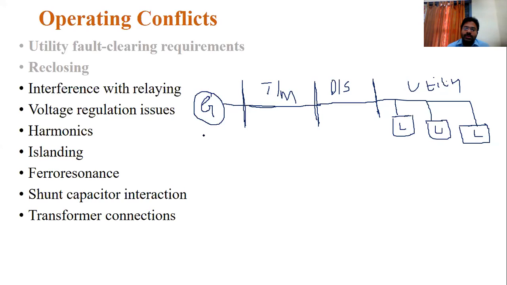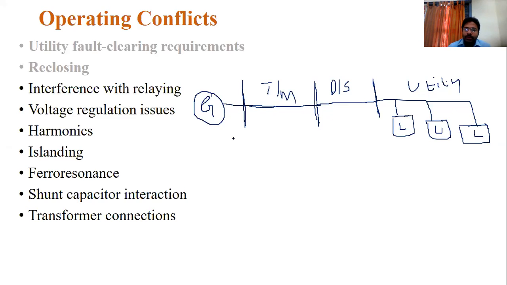You can call them generation protection scheme, transmission protection scheme, distribution protection scheme, as well as utility protection scheme. So these three to four different types of protective schemes are available to protect it all. But the generation protective scheme is not able to protect the transmission lines, distribution lines and utility lines. That's why different protective schemes are employed for the different sections in the power system.